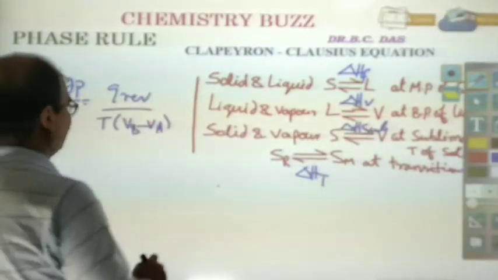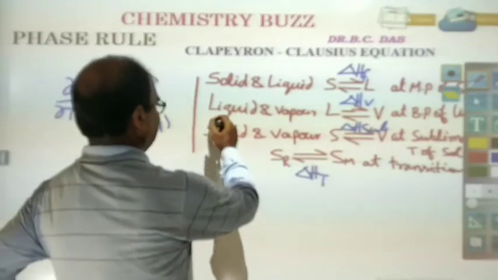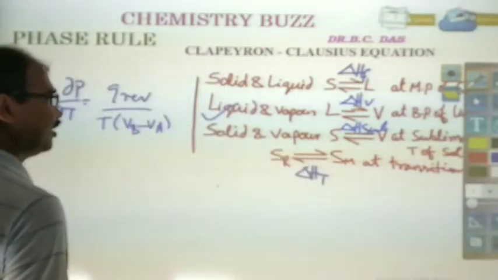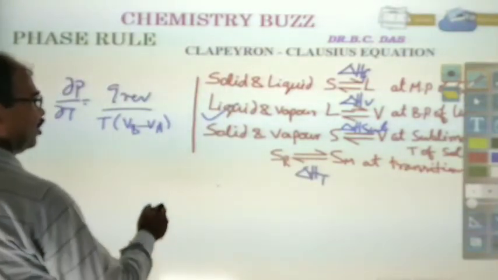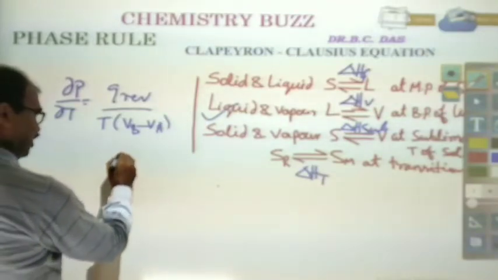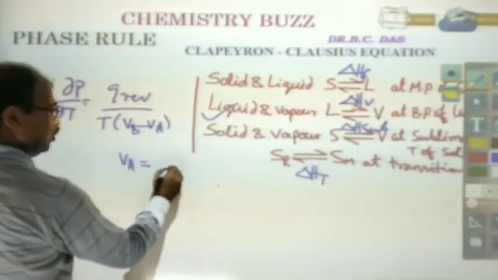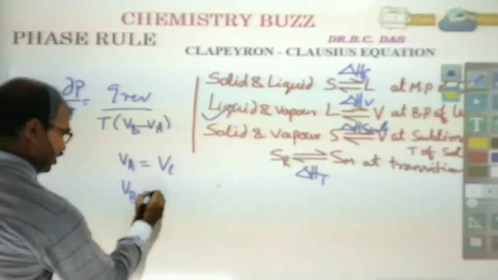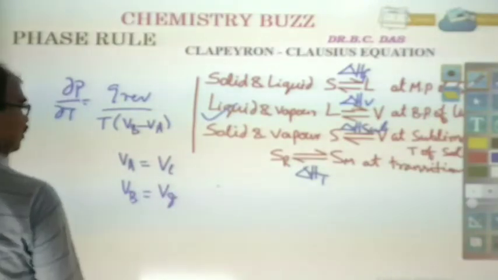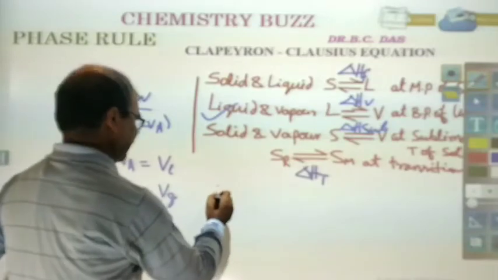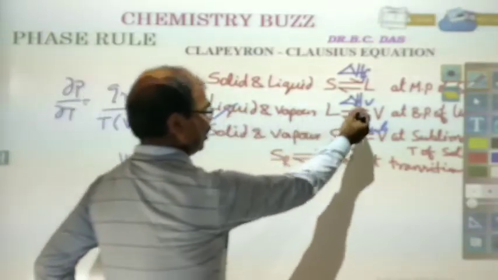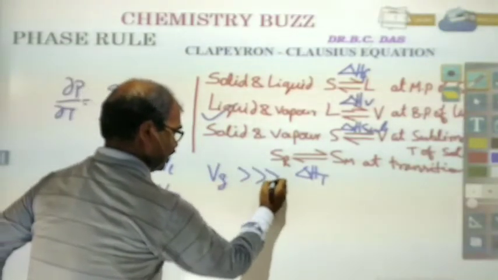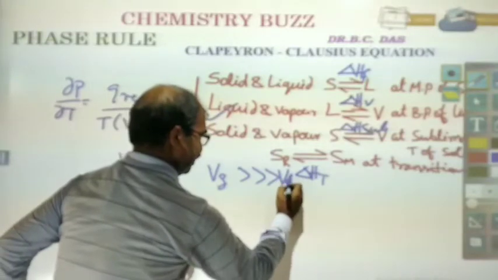Okay. So now let us consider the liquid vapor equilibrium at its boiling point. So for liquid vapor, your VA is equal to VL and VB is equal to Vg. Okay. And in this case, we have already taken Q reversible is equal to delta H V, and Vg is much larger in comparison to VL.